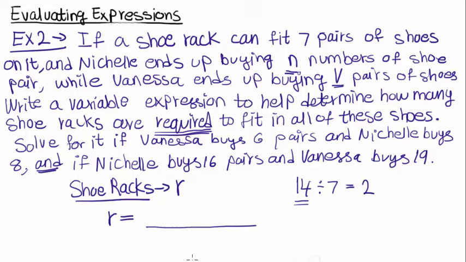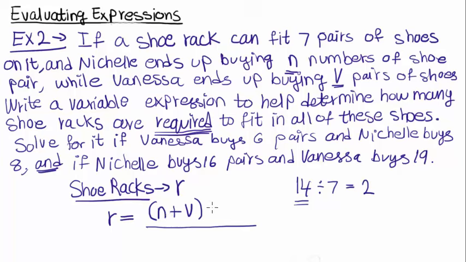Therefore, what we really need to do in this case is first add up the number of shoes that we have in total. And the way we will figure this out is by adding up the variables n and v. Then we need to use grouping symbols to indicate that n plus v, or the total number of shoe pairs bought by the 2 girls, is the first thing that we need to find.